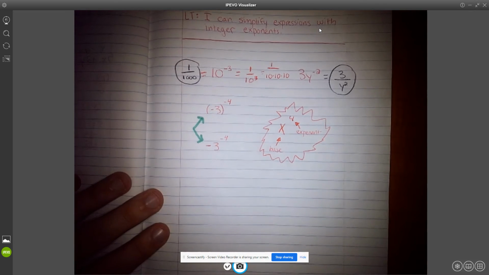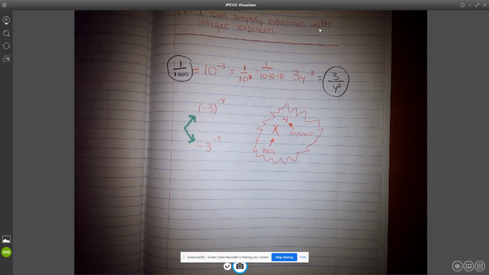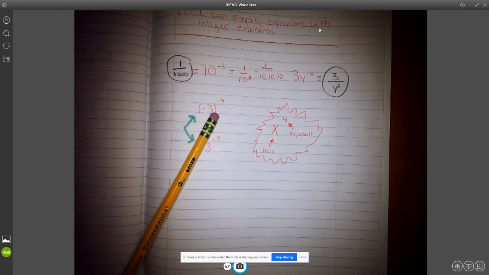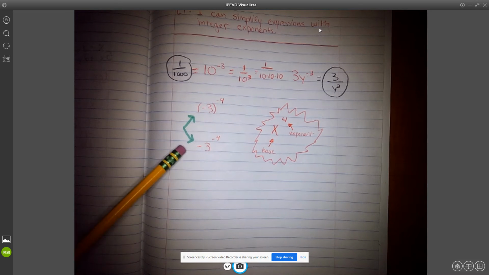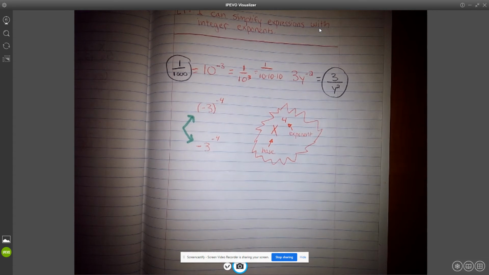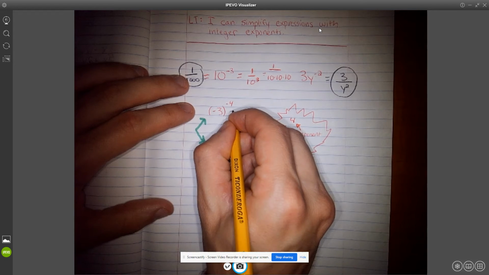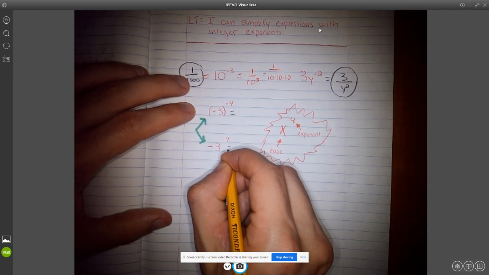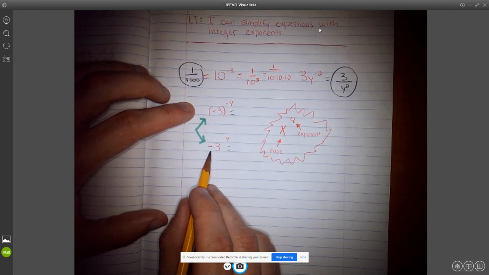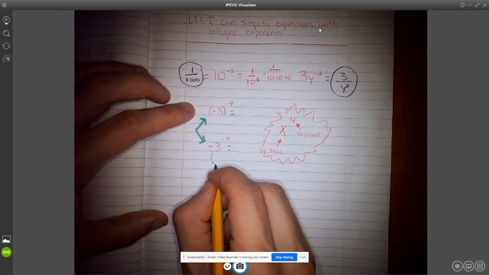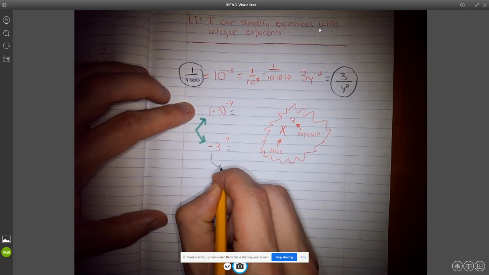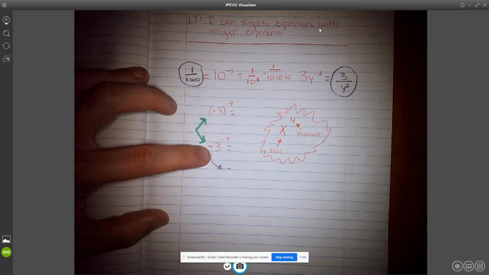And the last thing I want to point out is the difference between these two. We have a parentheses, negative 3 to the negative fourth, and then there's no parentheses, negative 3 to the negative fourth. They mean almost the same thing, but anytime we do not have parentheses, our answer is just going to end up negative, and we're going to pretend like that negative isn't even there.